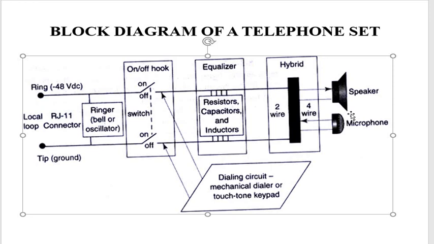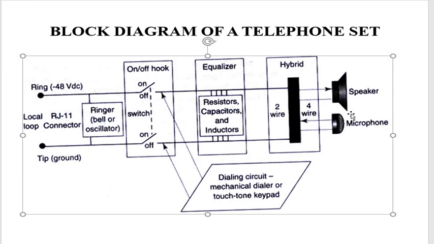So as we can see, through the hybrid block, your equalizer is connected to the speaker and the microphone. So we'll look at what the use of the hybrid network is. The hybrid network is also termed hybrid coil or duplex coil. It is used to convert, suppose you have a 2-wire circuit, into a 4-wire circuit.